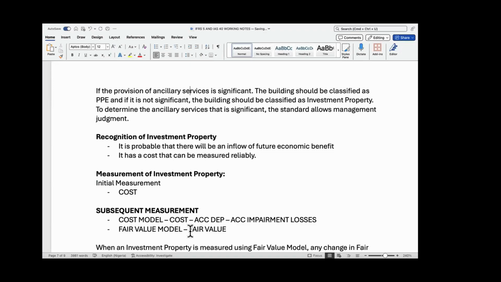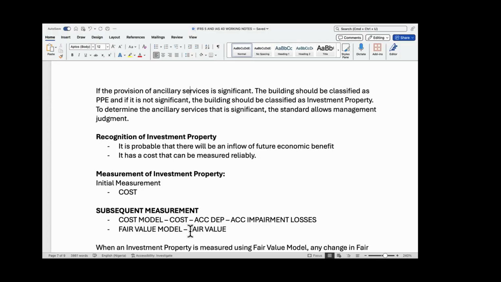How do you know that an ancillary service is significant? The standard says use your judgment. You should know whether it's significant or not. And of course, that will be part of the disclosures you're going to make, the notes to the accounts. But there are some that are obvious.